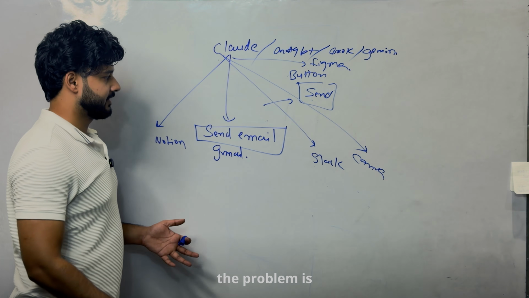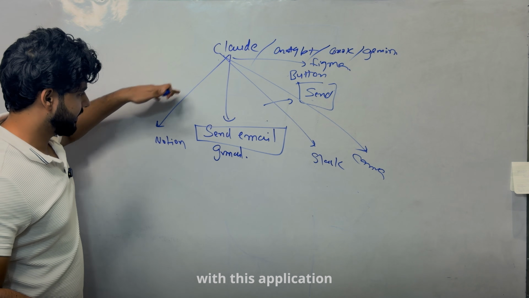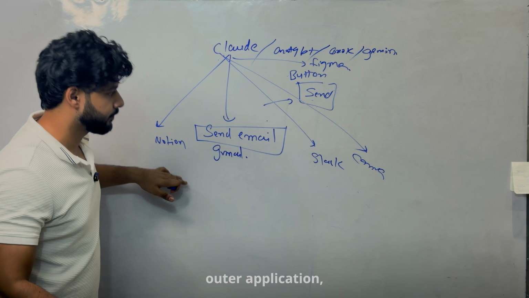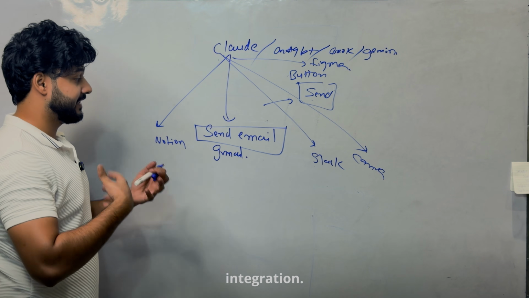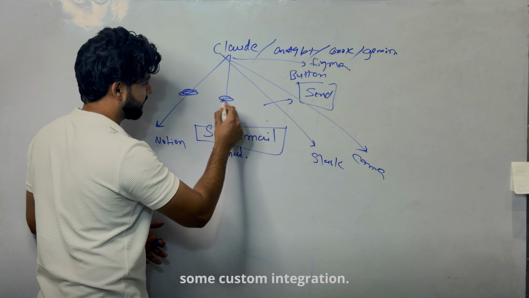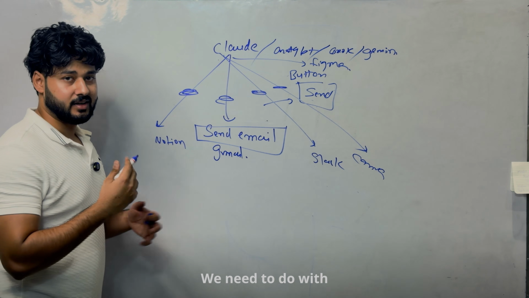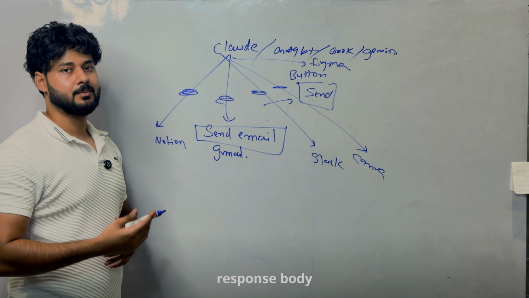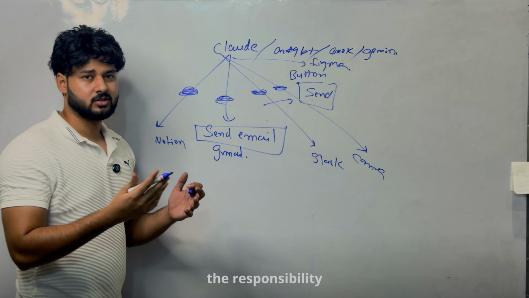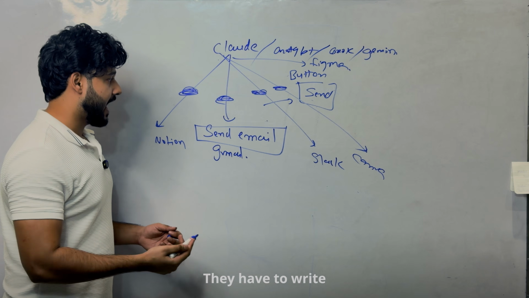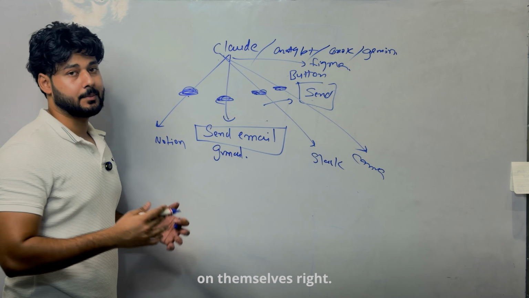The problem is, in order to integrate with these outside applications, we need to perform some custom logic, custom integration. We need to do authentication, response body parsing, all that stuff. This becomes the responsibility of the backend developer. They have to write this code themselves, right?